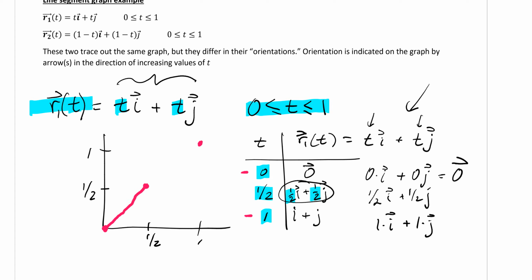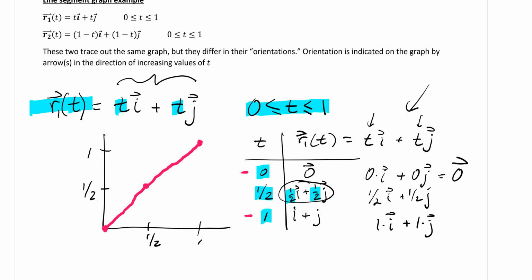At 1/2 second, it's there. At 3/4 of a second, it would be there. When t equals 1 second, boom, it's there. And it stops. I say second, I'm assuming t is time. That's the way we want to think about these things. So that's the graph of this vector valued function.